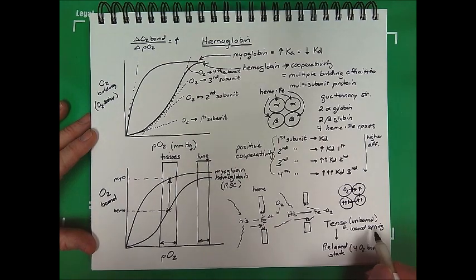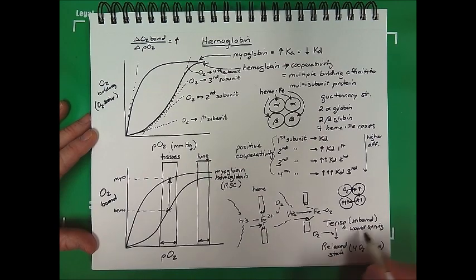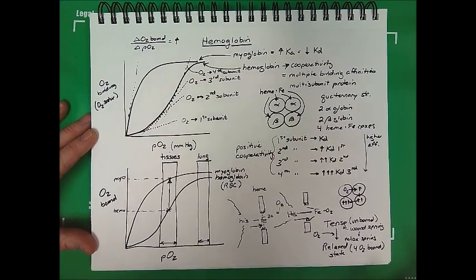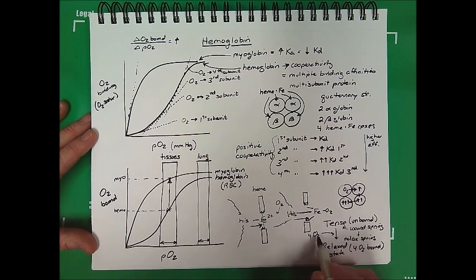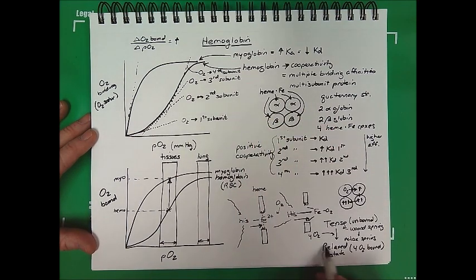There's lots of energy in a wound spring. So every time an oxygen binds in this reaction, it causes a relaxation of the spring. Eventually, when 4 oxygens are bound, the spring, which would be the quaternary structure of hemoglobin, is now in a fully relaxed state.